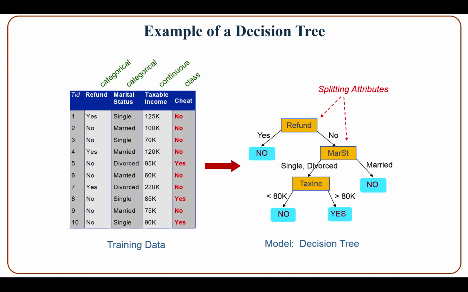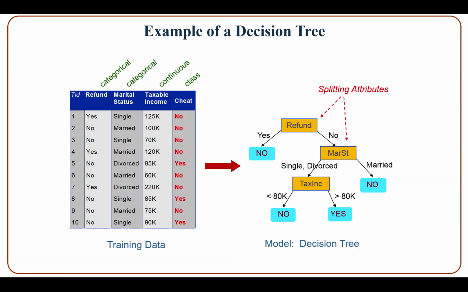If refund is yes, then the records are labeled as no cheat. Otherwise, the next attribute to be split is marital status. At this node, all the records that reach the node are split.